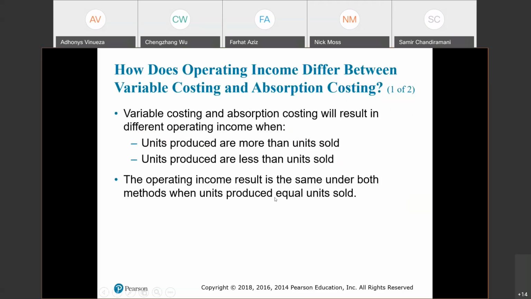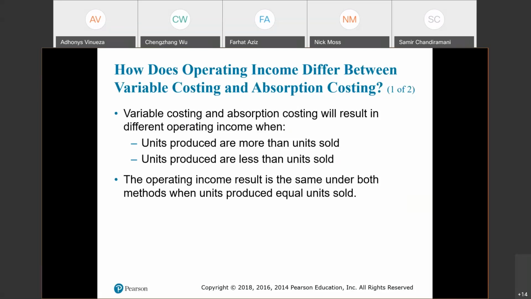Now that you know how to calculate unit product cost using variable costing and absorption costing, let's look at the effects the two methods have on calculating operating income. Well, there are three different scenarios. The first scenario is units produced equal units sold.